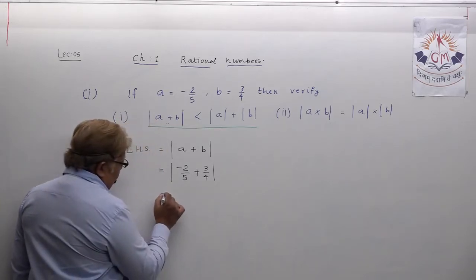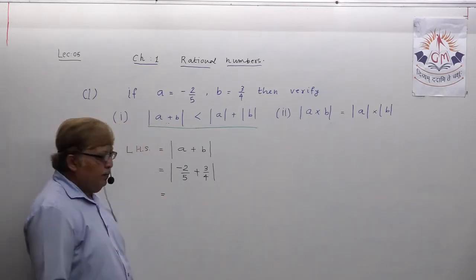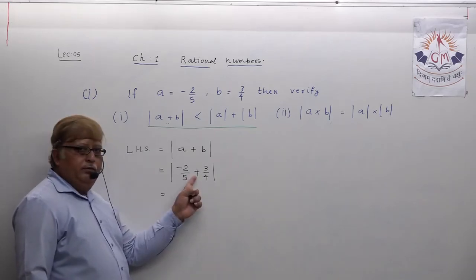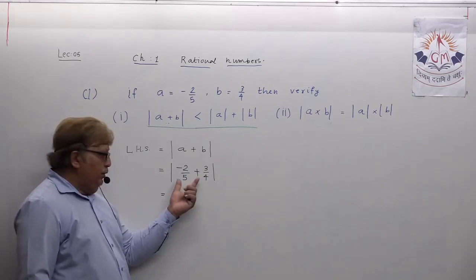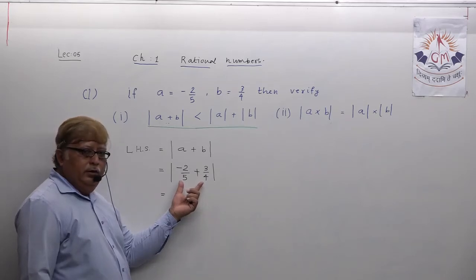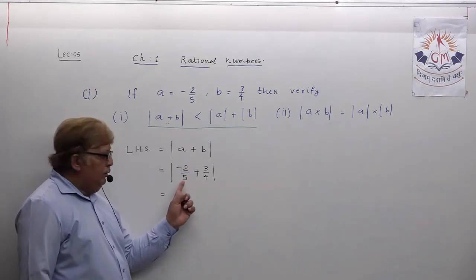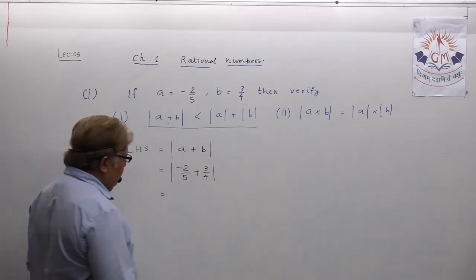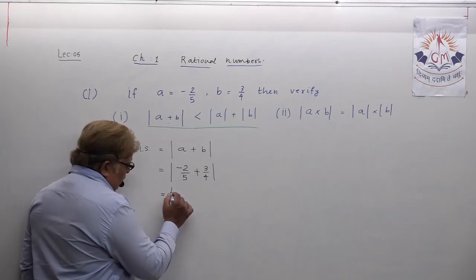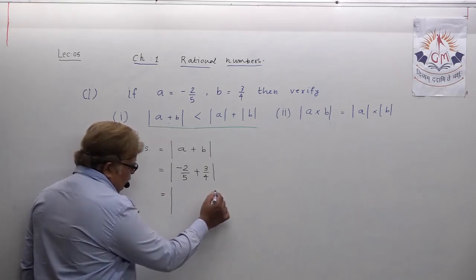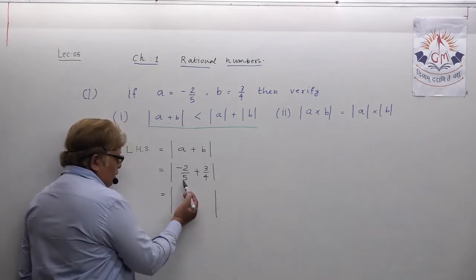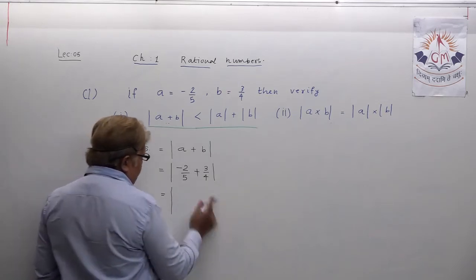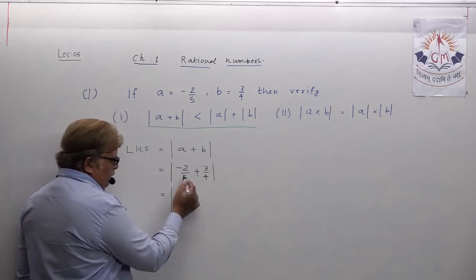Let us try to solve it. Because there is addition between two rational numbers, we will definitely follow the method of finding the LCM of the denominators and equalizing the denominators. You have to write it inside the modulus. What is the LCM of 5 and 4? That is 20.